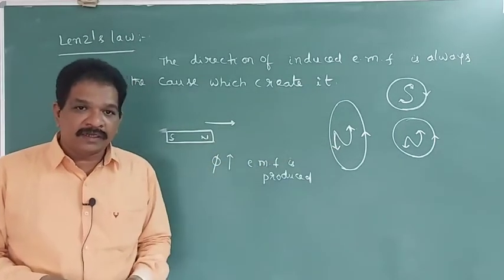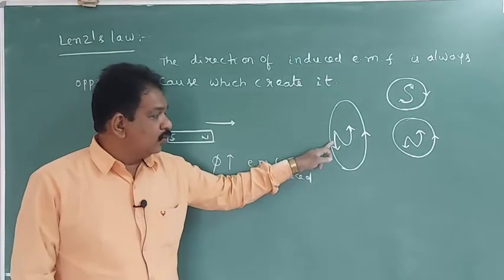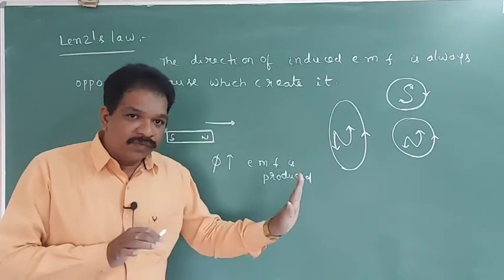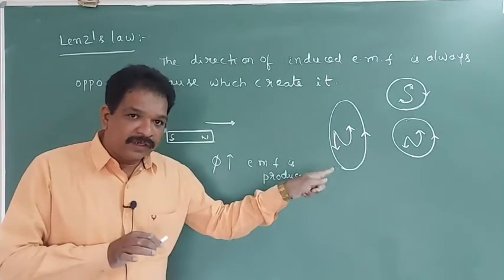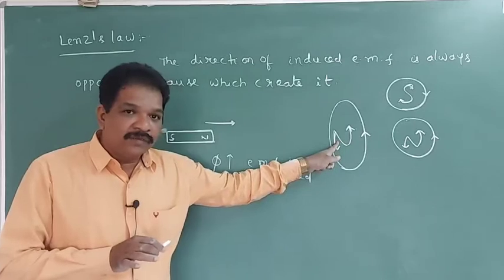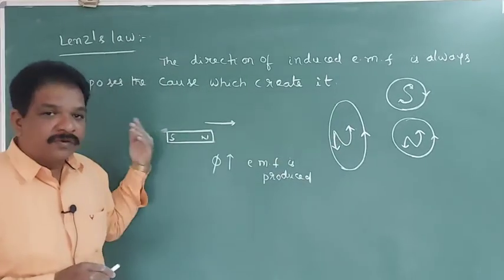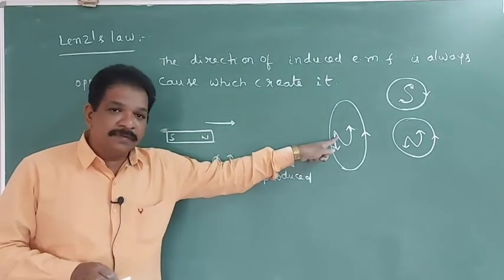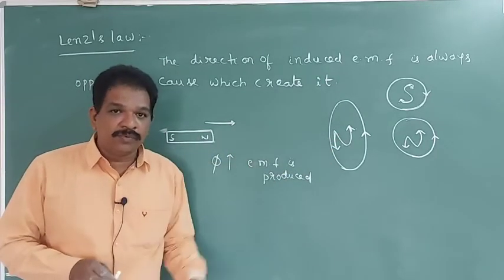It will try to oppose that reason: the magnet is moved towards it, and only then it is created. Now it is trying to oppose the magnet, as if saying, hey, don't come towards me, go away. Like that it is behaving like a north pole.